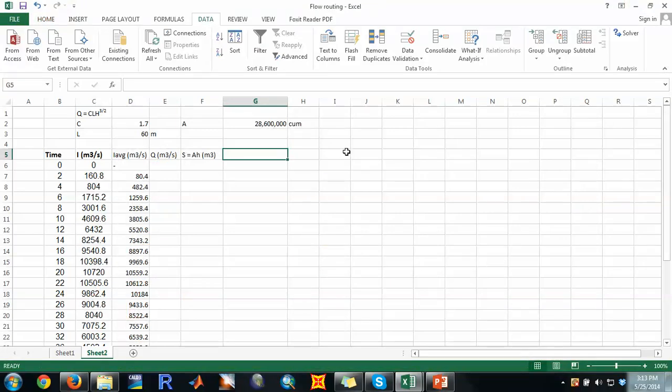So this is S1 over delta t, or we can write delta t as dt, minus 0.5 Q, or Q over 2.